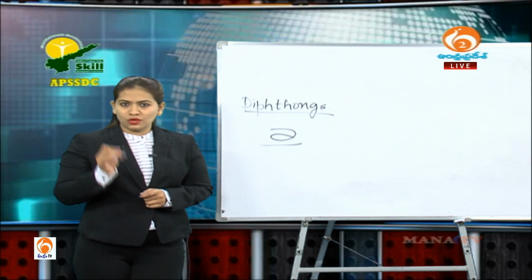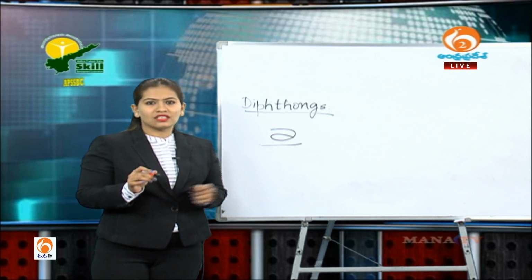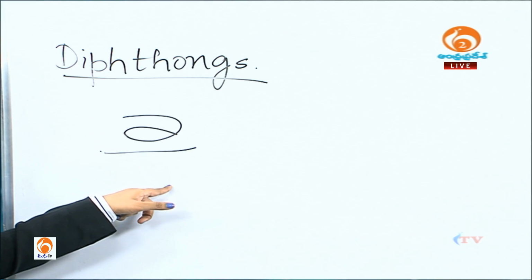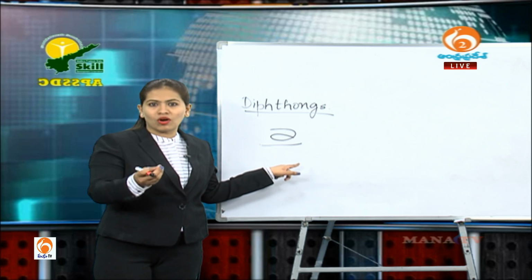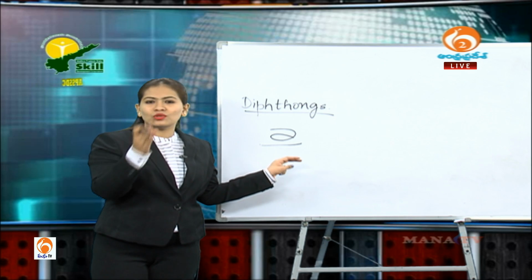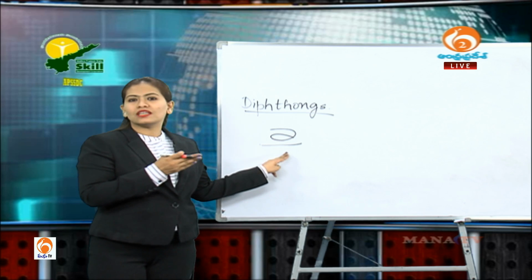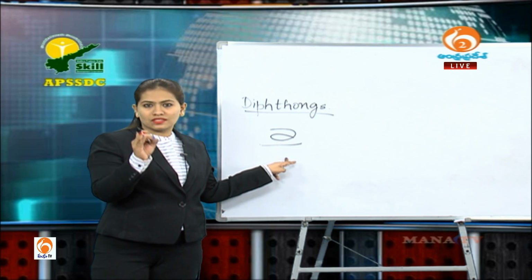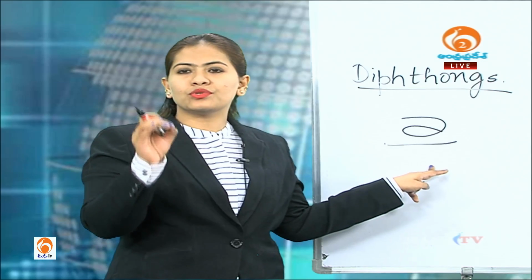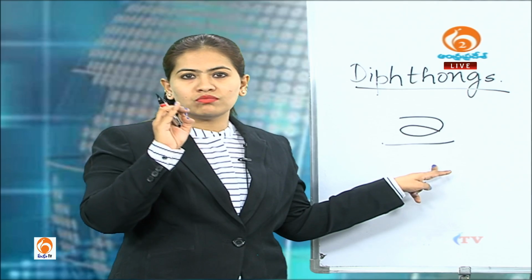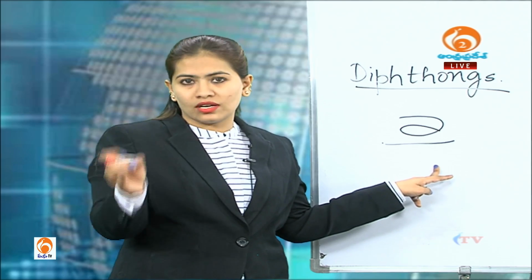So you have to be very careful each time you see this sound. In case you're exploring the word in a dictionary and the symbols that are next to the word, if you end up seeing this symbol, you're supposed to reduce the sound effect, make it unstressed, and you're not supposed to elongate that sound.